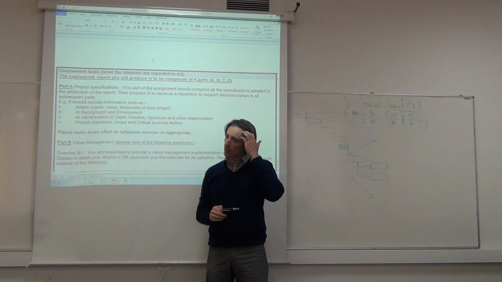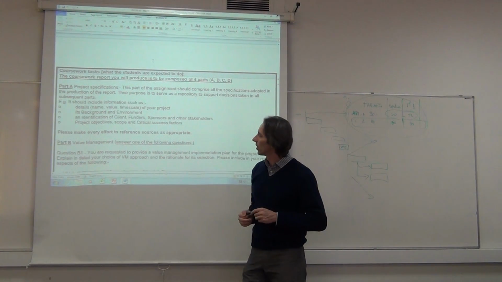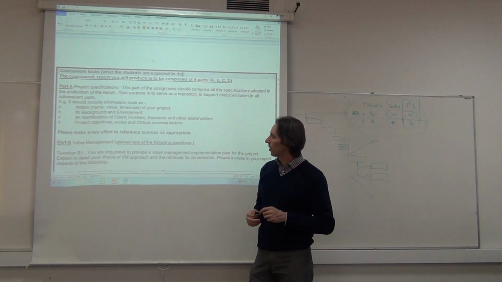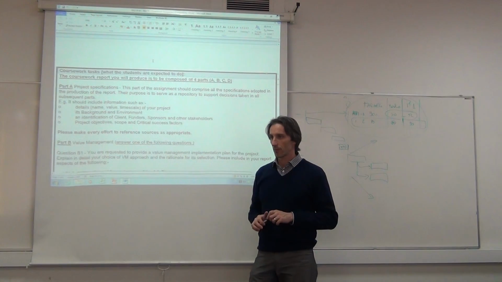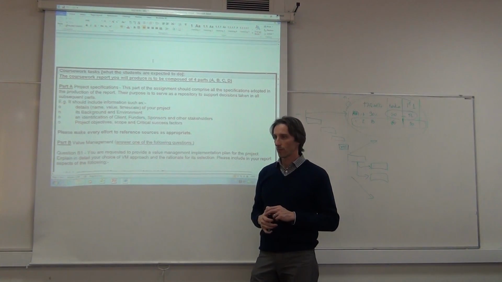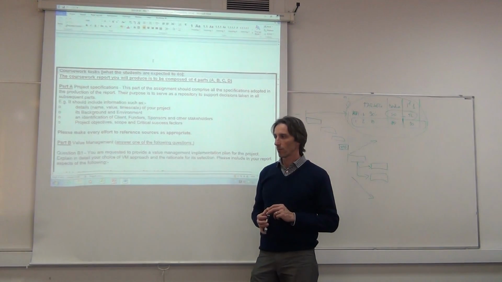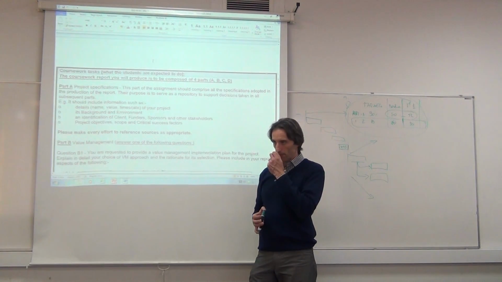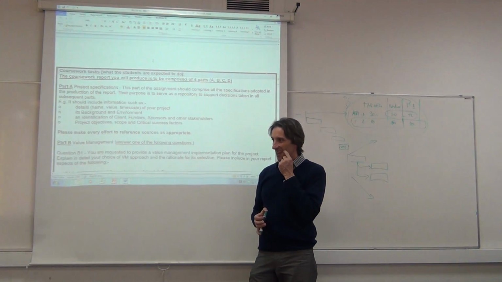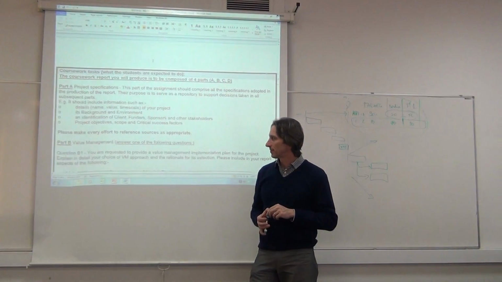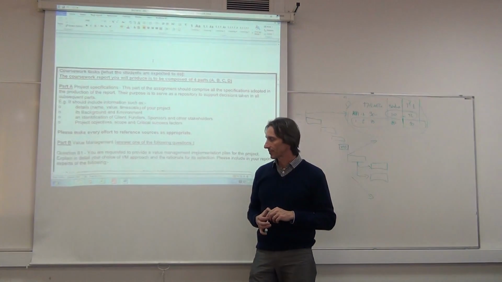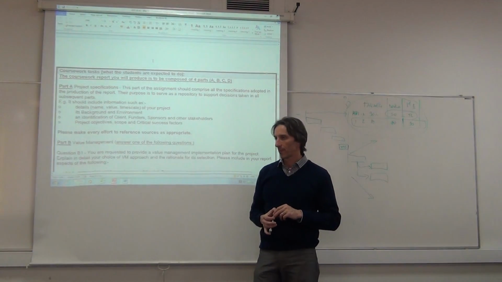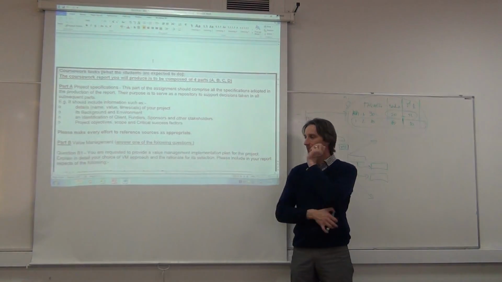Can you focus on points such as the background environment and client funders in terms of risk and value, or is it just laying out what aspects of the project we need to speak about in B, C and D? Well, this is the context. This is the foundation. This is putting it into perspective for the reader, and then you start to talk about the impact of the project as it stands and its environment on the value management and risk.